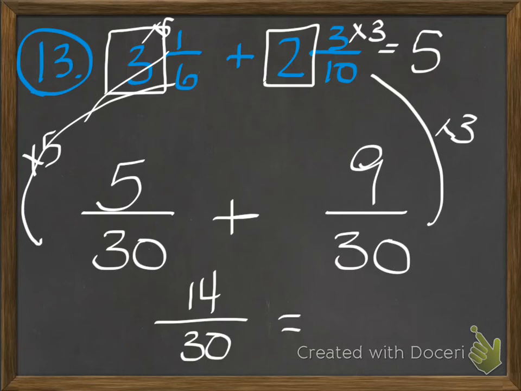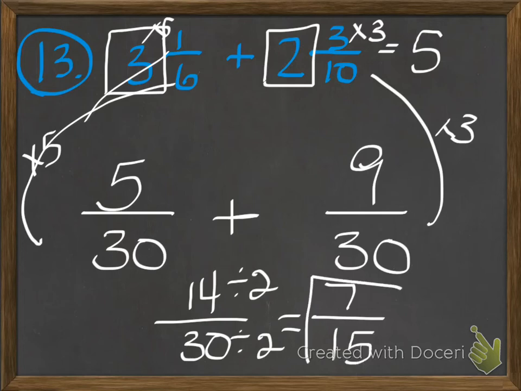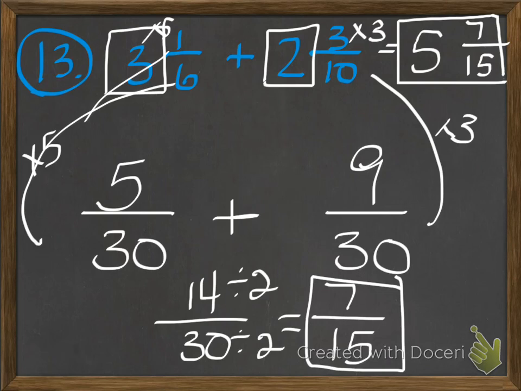I'm going to simplify it by dividing both the numerator and the denominator by 2. I can see they're both even numbers. 14 divided by 2 is 7, and 30 divided by 2 is 15. So 7/15 is a simplified fraction, and my whole answer now is 5 7/15.